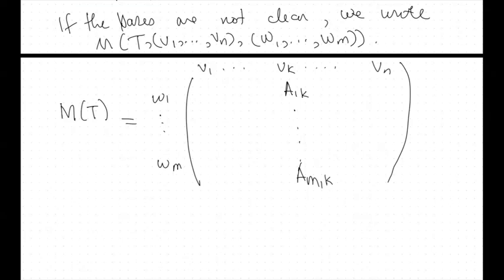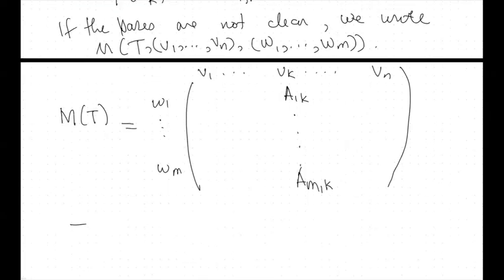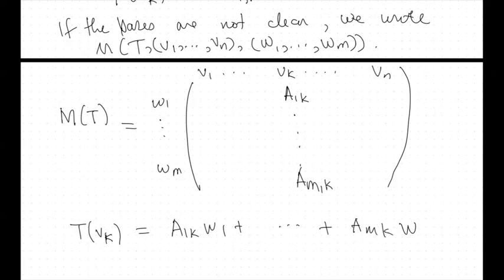Recall the T of VK. We just write this as A1K W1 plus ... plus AMK WM.